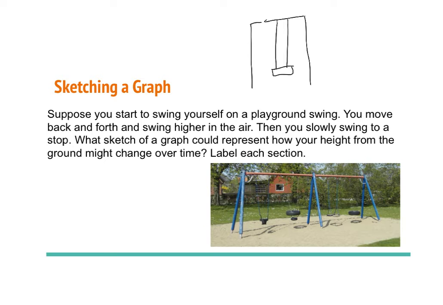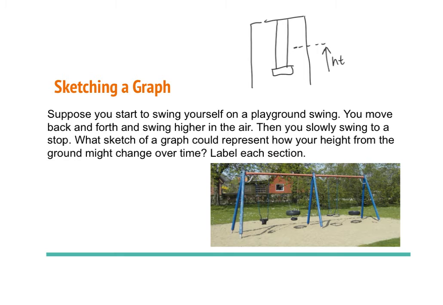And as we're swinging, when you go back, you're going to reach a certain point above that's going to have a height, right? And then as you go forward, you're also going to reach that same point in terms of height. And when you're down at the bottom, in the middle of your swing, you're going to be at 0.